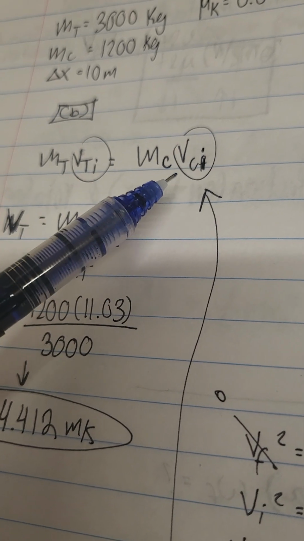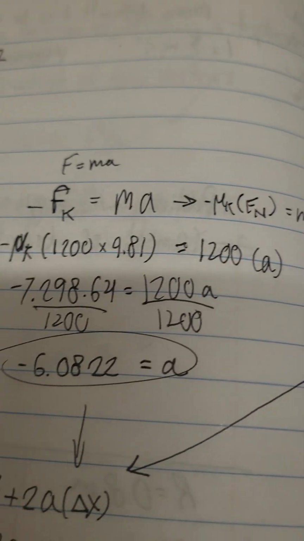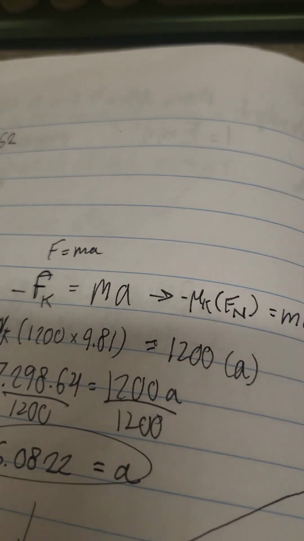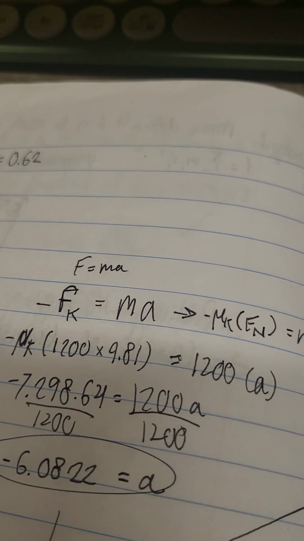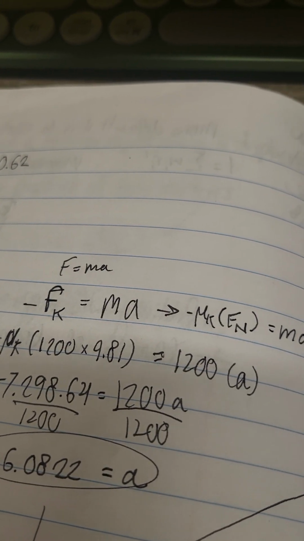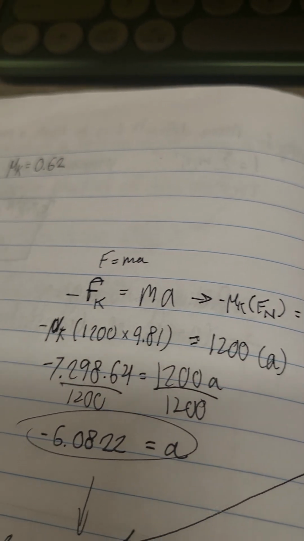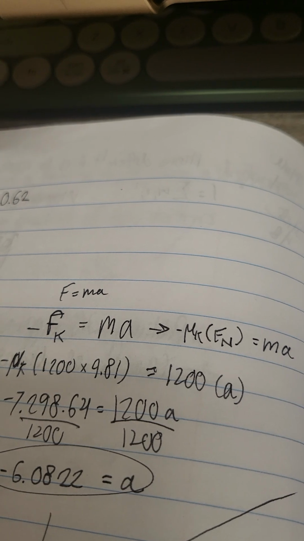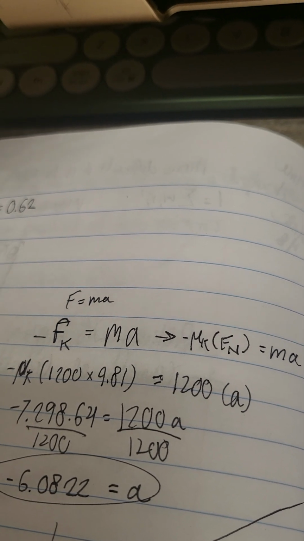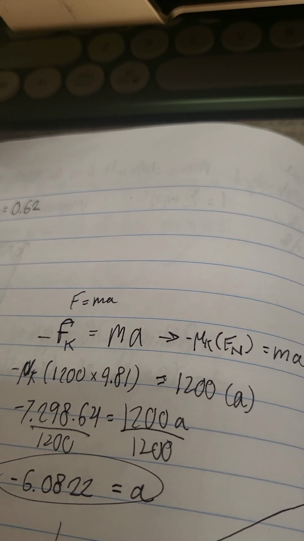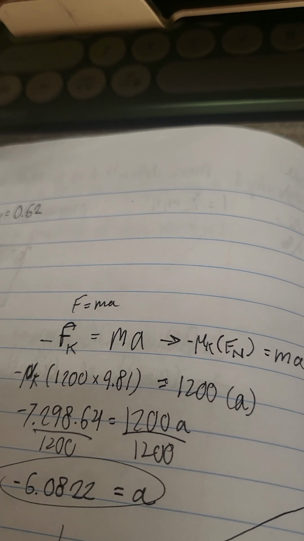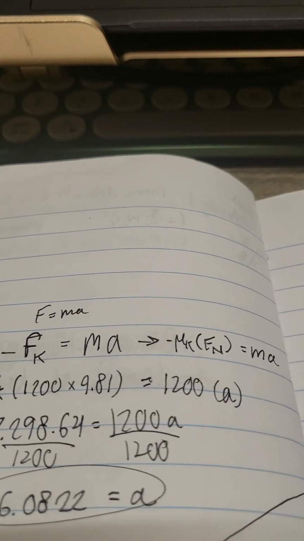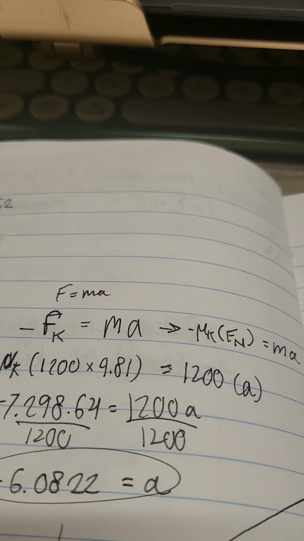So I started off with the velocity of the car, and I plugged it into the F equals ma formula, and I knew that it gave me a coefficient of friction of the car. The problem just says the measured coefficient of kinetic friction between the car and the railroad was 0.62.